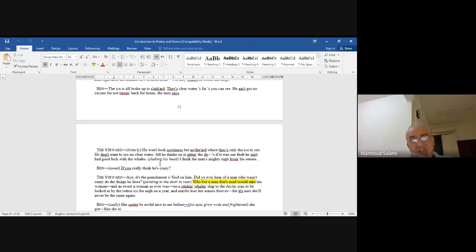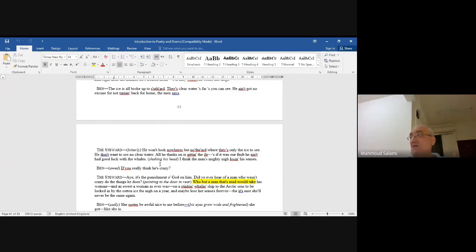So here again, the steward is saying he will not change his mind. He will not look south. He is always looking up north, where there's ice. He wants to wait for the water to clear. He wants the oil. Notice, all he thinks is getting the oil, as if it was our fault. He ain't had good luck with the whales, so what has it to do with us? We should not be blamed.